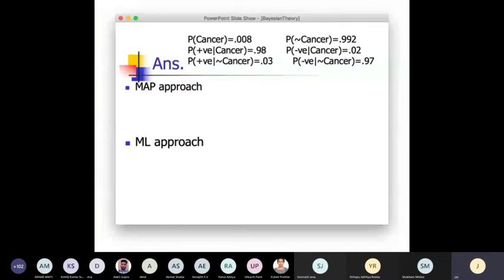So for every hypothesis, you can simply compute the product of prior and likelihood, and then choose the hypothesis which gives you the maximum value. Any confusion? Please do it and let me know.